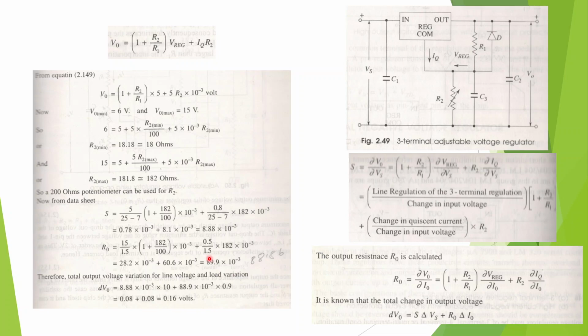So change in output 1.5, and 15. We put those values here and we get this sum.